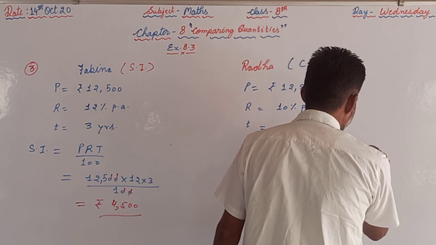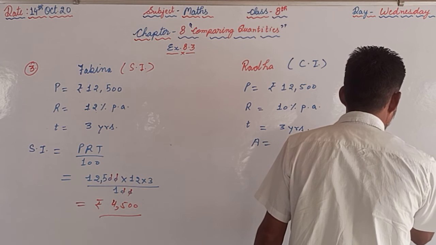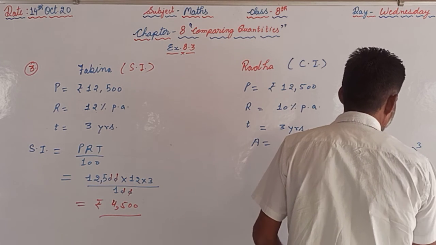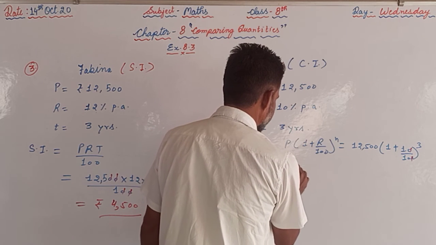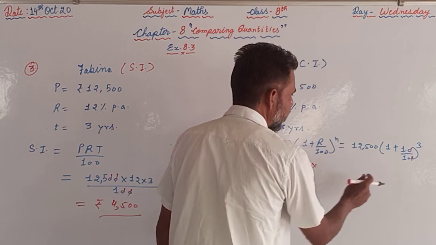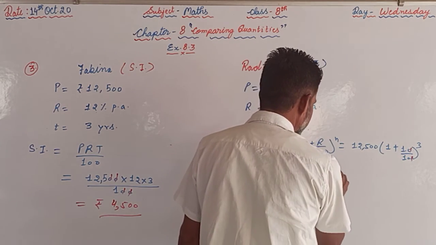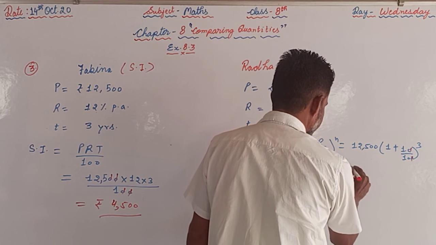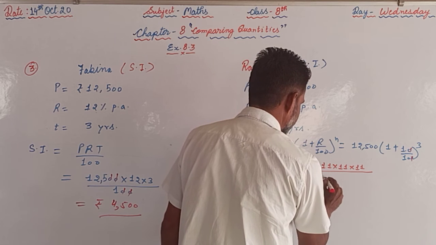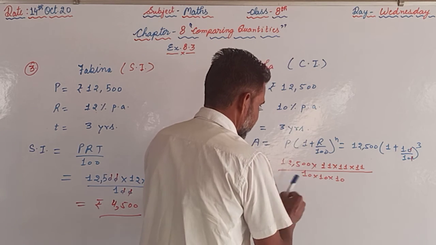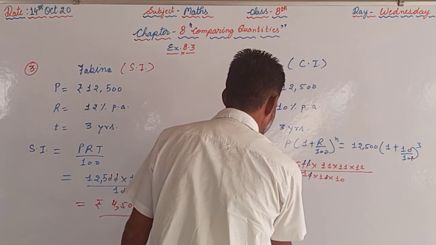Principal is 12,500 and 1 plus 10 upon 100 raised to power 3. 10 cancels out 10, and the amount becomes 12,500 into 10 plus 1, 11, and power 3 is there, means 11 we have to multiply 3 times, then 10 into 10 into 10, means 2 zeros cancel out.